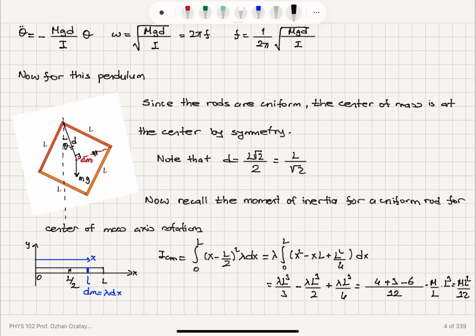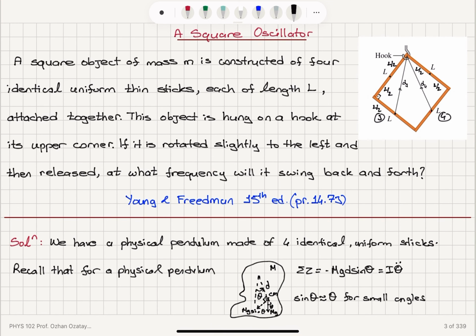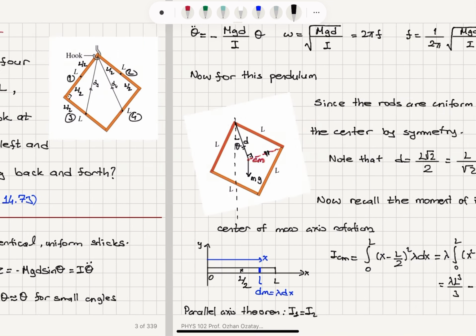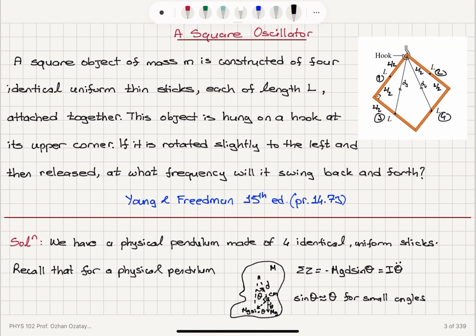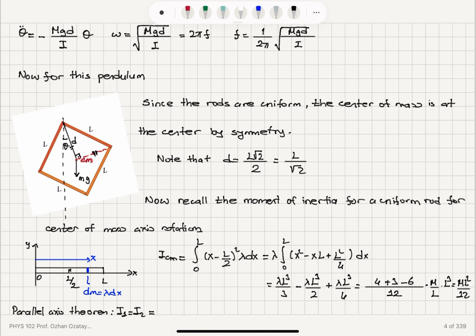Now, if we use the parallel axis theorem, it tells us that if we have a rotation axis that is parallel to the center of mass rotation axis, for the segments 1 and 2 here, so these two segments, 1 and segment 2, we have, because the total mass is m, and 4 identical rods, each will have a mass m over 4.